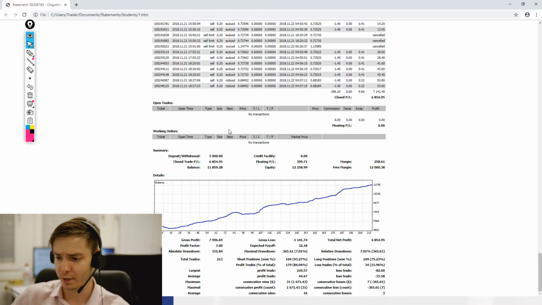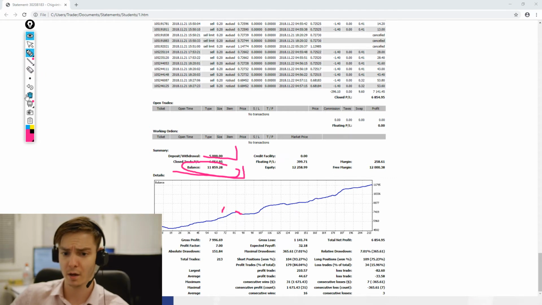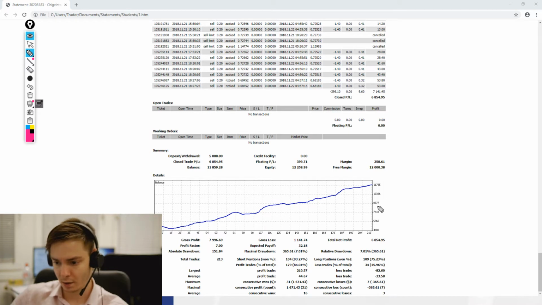After a deposit of $5,000, his final balance after a few months of trading was almost $12,000. So really good results and nice equity with small drawdowns, which is very important. Here the equity looks very good, and I would say it's a professional result.